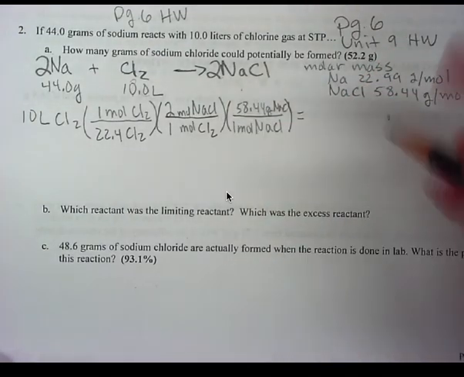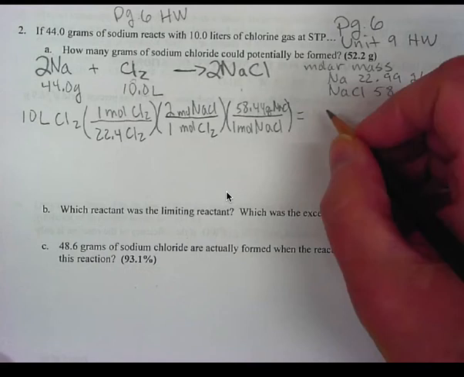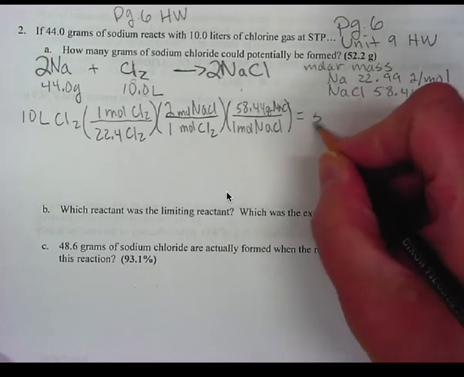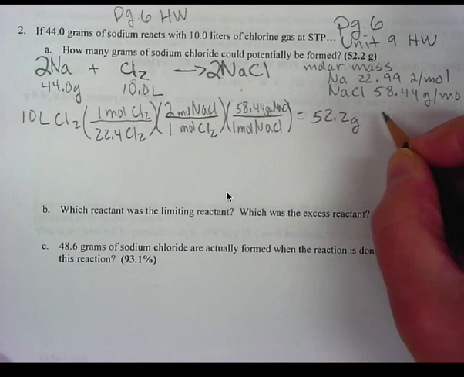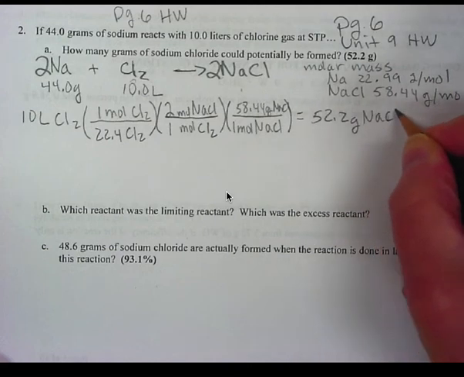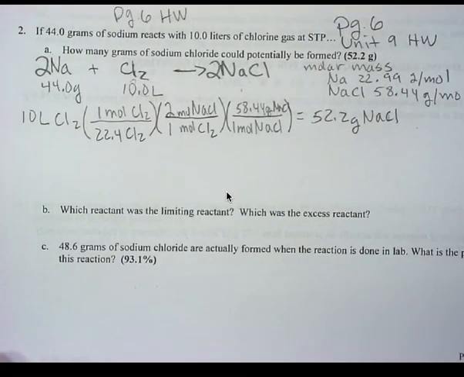When you calculate this answer, you would get 52.2 grams of sodium chloride. So I'm done with that step.